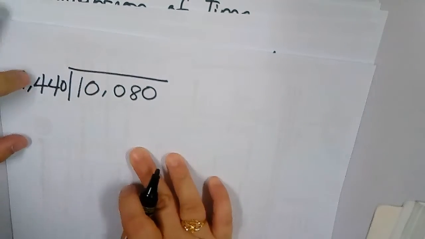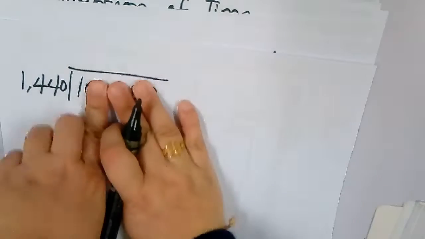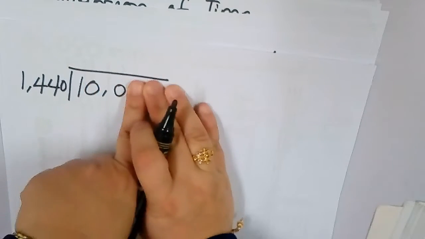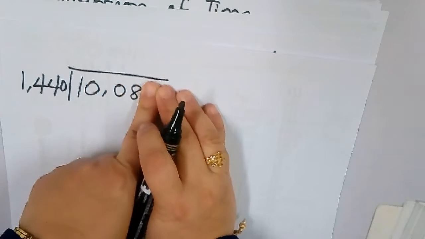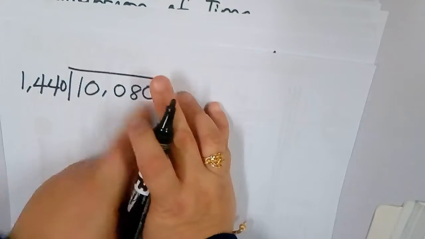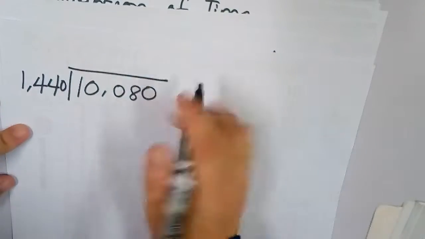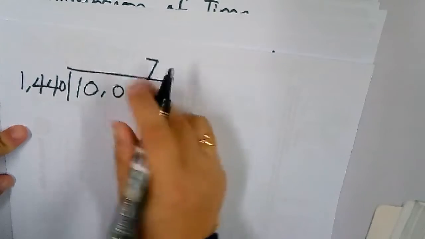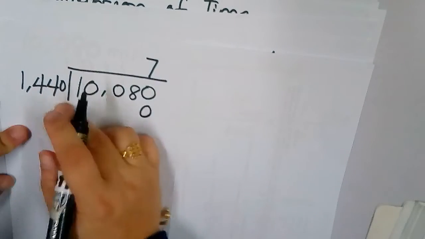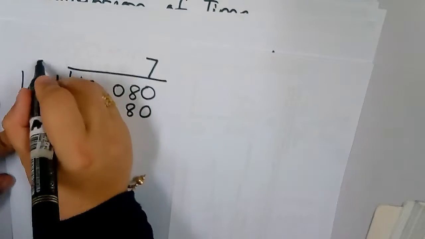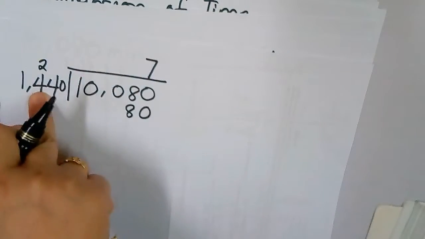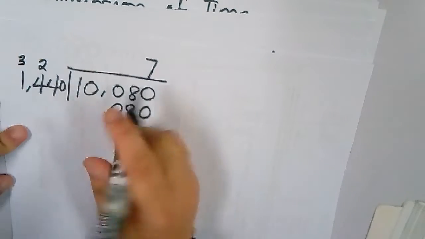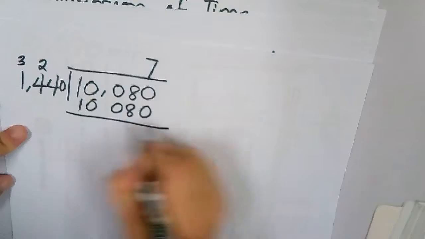So 1,440, this one cannot be pa rin. So ito na. Ilan? We have 7. 7 times 0, 0. 7 times 4 is 28. Carry 2. 7 times 4, 28, 29, 30. Okay, carry 3. 7 times 1 is 7 plus 3, which is 10.